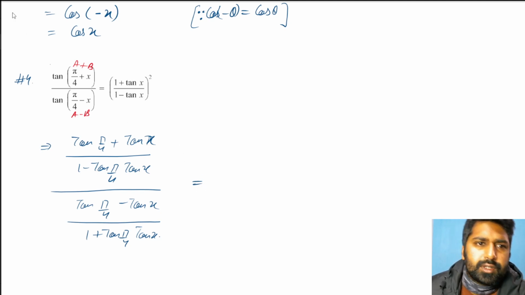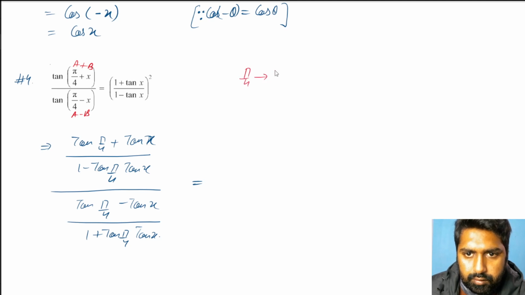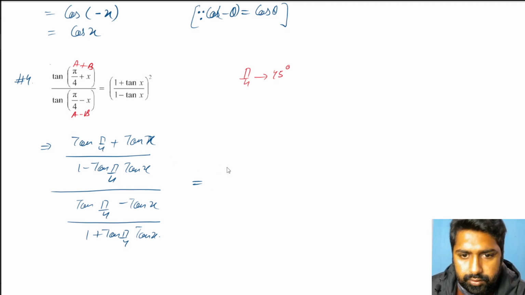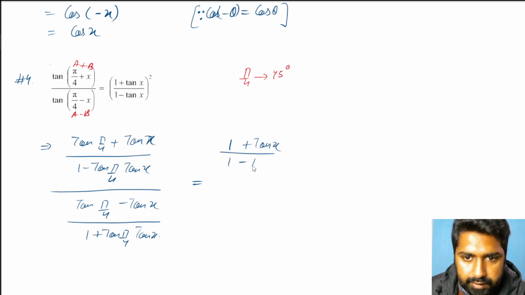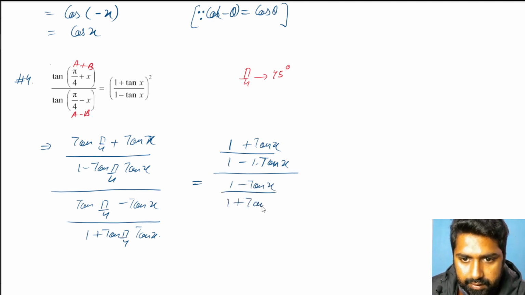Now pi by 4, first of all, what is pi by 4? 45 degree. And what is tan 45? 1. So just put down the value here. So tan pi by 4 is 1 plus tan x upon 1 minus 1 into tan x, upon the denominator, which is 1 minus tan x upon 1 plus tan x.